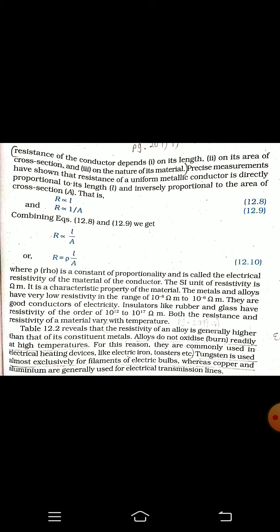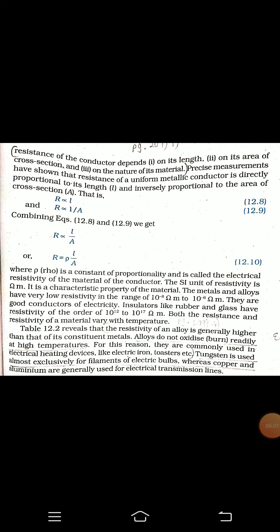So from all these cases in activity 12.3, we concluded these three factors which you need to remember. Resistance depends on length, area of cross section, and the nature of material.